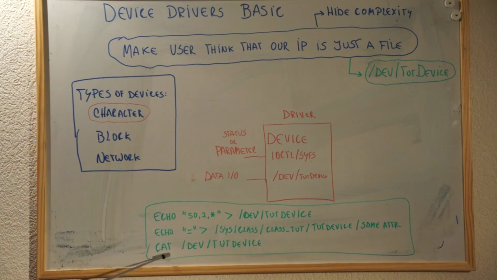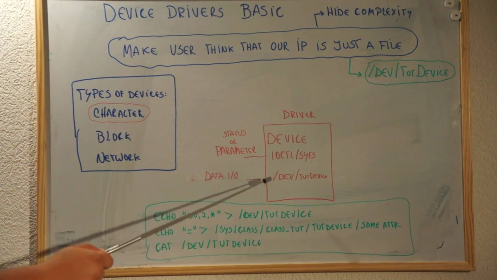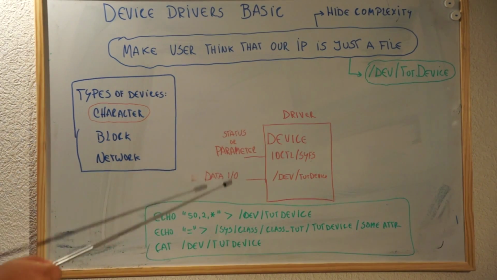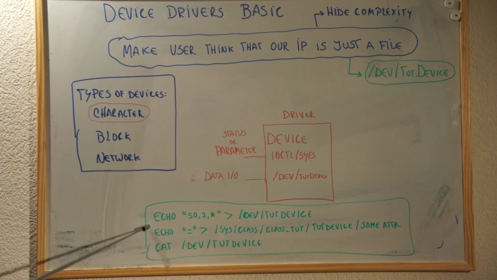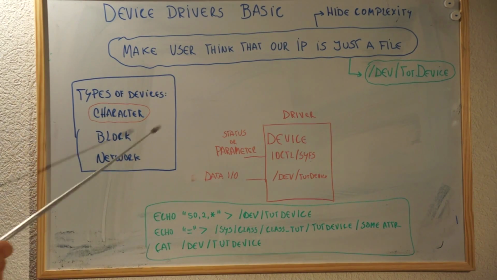And then he's just going to read the device file to get the result. So all the complexity, like physical memory, registers, all this kind of stuff, is going to be hidden from the user. The user will just echo and cat some files in the file system. So this is the idea.